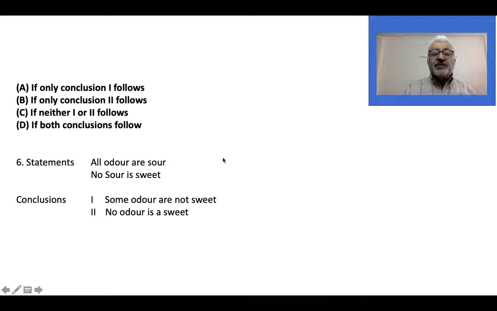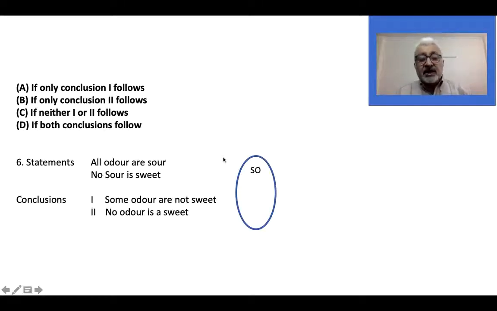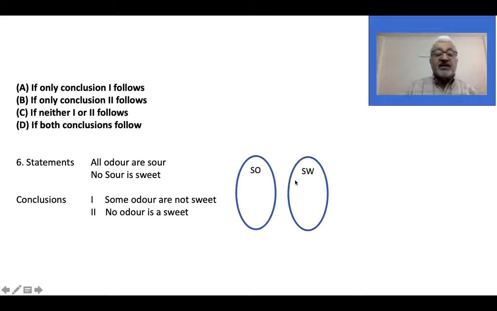All right, so no SAR is sweet. So this is the category of SAR, SO represented as SO, and this is the category of sweet. So we have to show that they are away from each other. Hence, what I do is I also put a bar between them. So this represents no SAR is sweet.